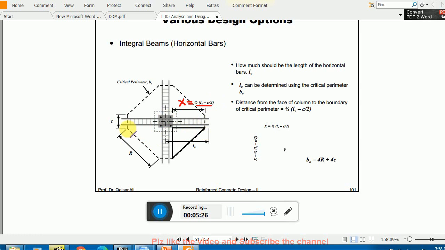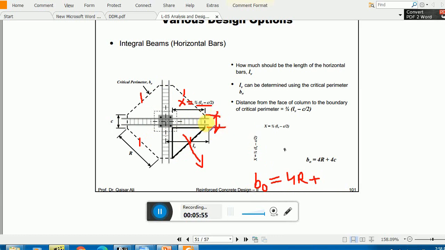And remember, we have 4 inclined sides: this one, this one, this one, and this one. We have to extract this triangle and find this inclined R. This is denoted by R, and we have 4 R's. So the total critical perimeter, beta naught, will be equal to 4R plus this distance you have to add up.